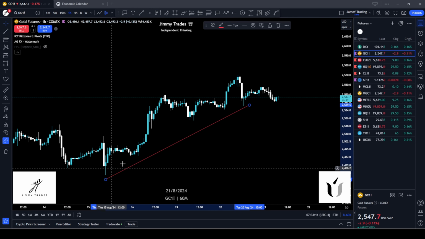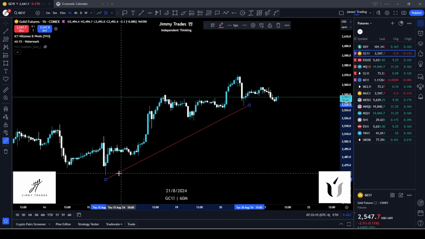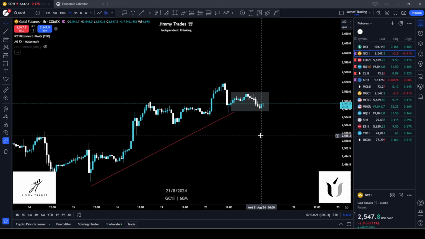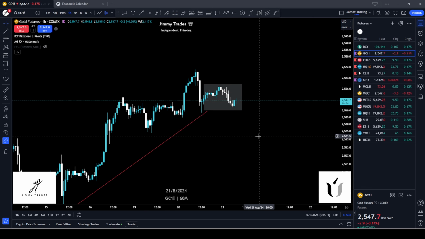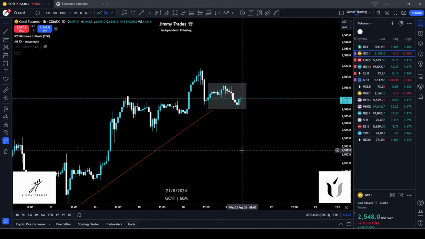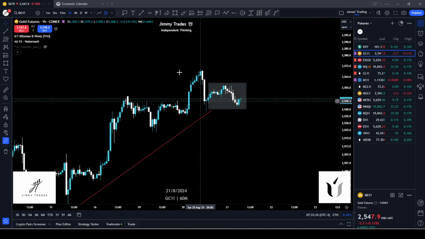Price has continued to be bullish. This is the first moment in time for over a week now where we're actually in some consolidation. But we don't have a change in the state of delivery yet.